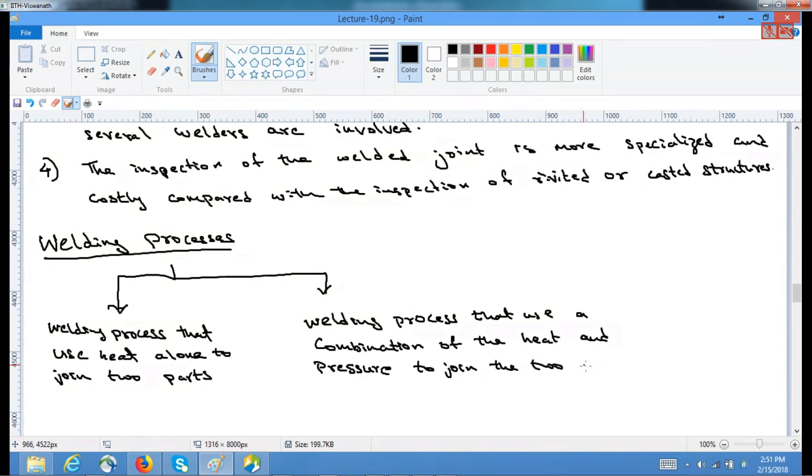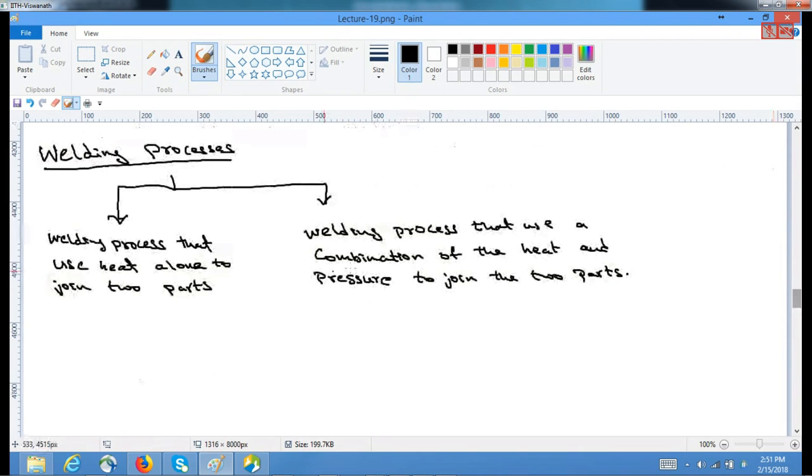So these are the two things, and the first one is also known as fusion welding process. So let us understand what is fusion welding process.